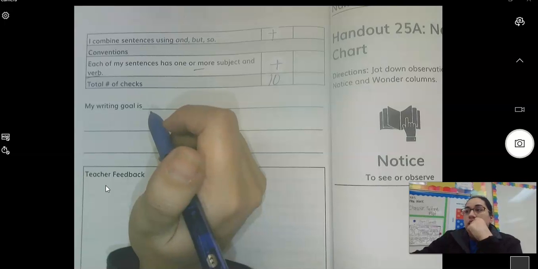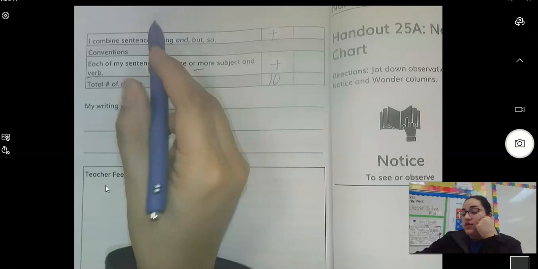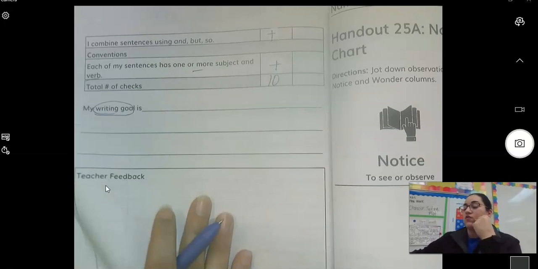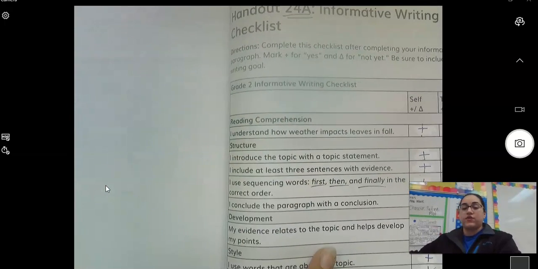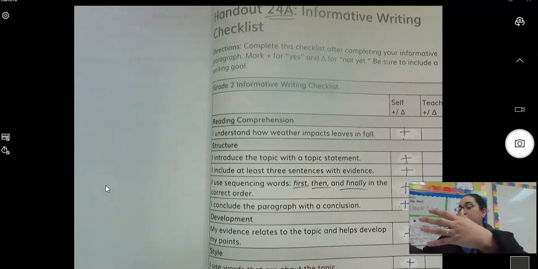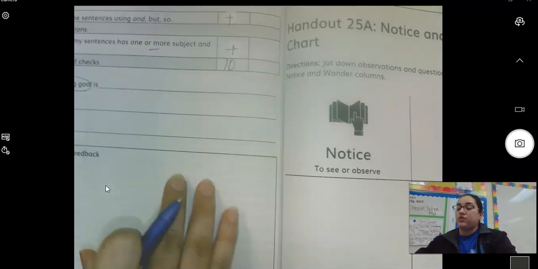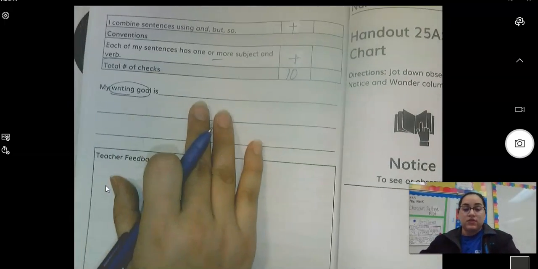So if we have not provided feedback, that's okay, but the writing goal needs to involve what you gave yourself on your informative writing checklist. So let's say, for instance, you did not use the sequencing words. You will put that your writing goal for next time will be that you will include those sequencing words, okay?